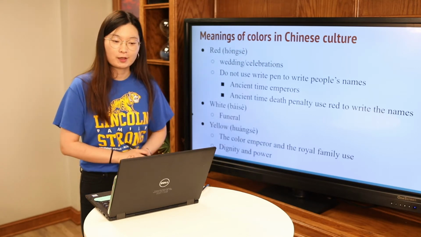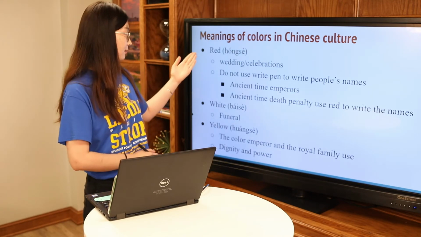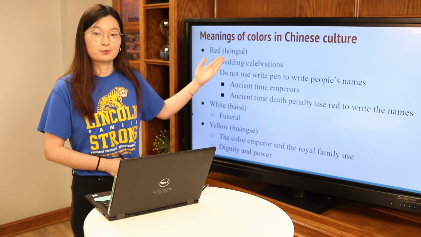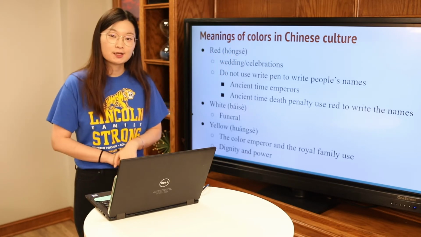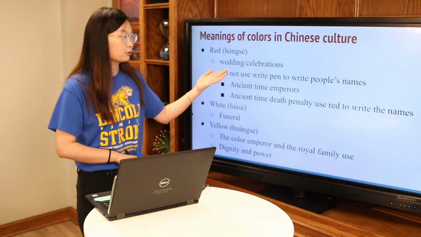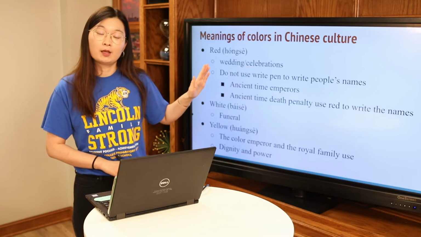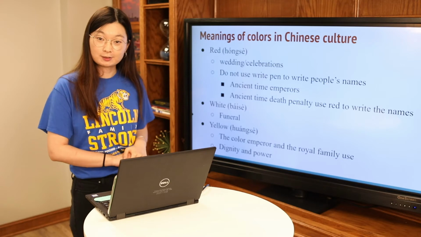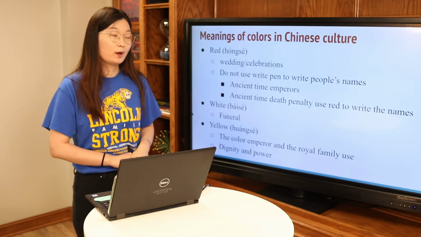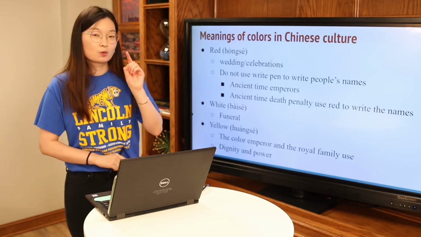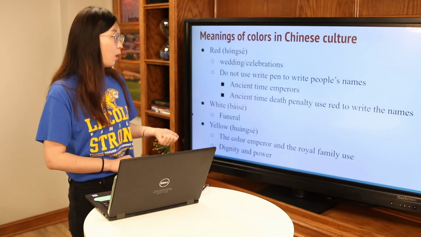So first, we all know that Chinese people like the color 红色 because we consider color 红色 as a lucky color. So especially for weddings or celebrations, you can see red all over the place, especially during the Chinese New Year time. The color red is used widely. But there's one taboo about the color 红色.